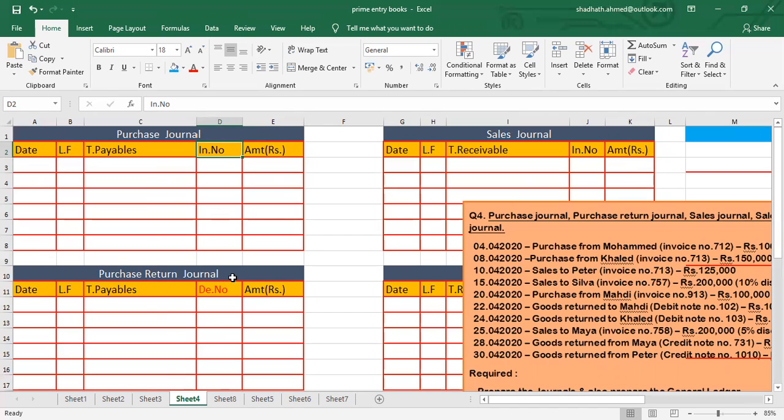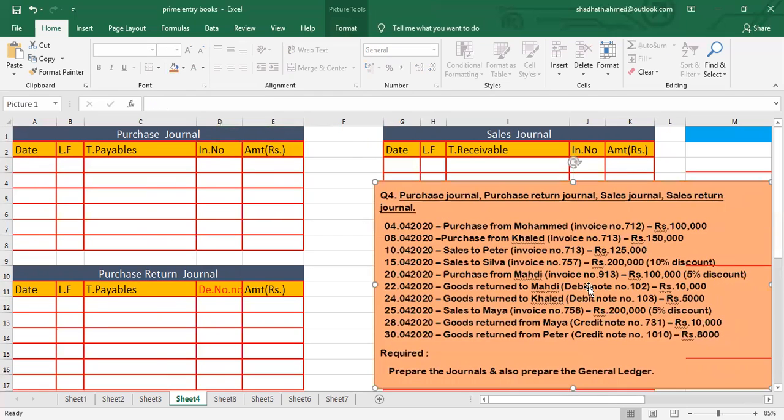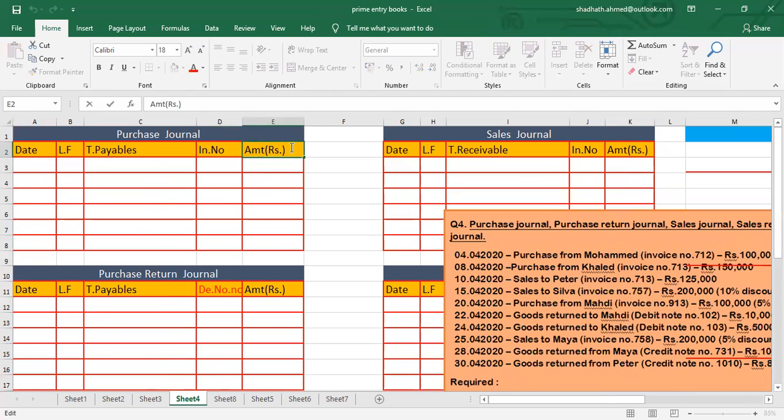Purchase return journal: date, ledger folio, trade payables, debit note number and amount in rupees. This rupees we can write in thousands, all the rupees in thousands.